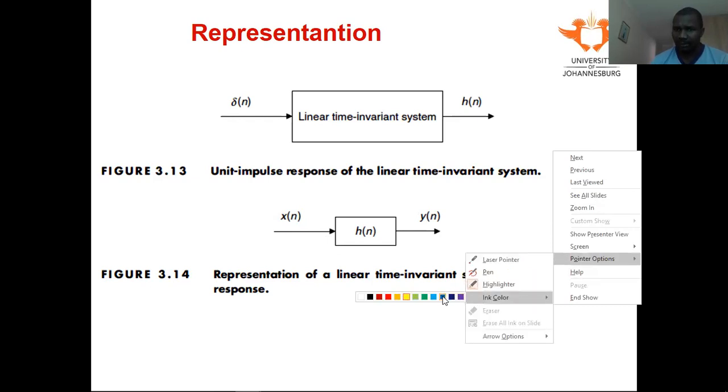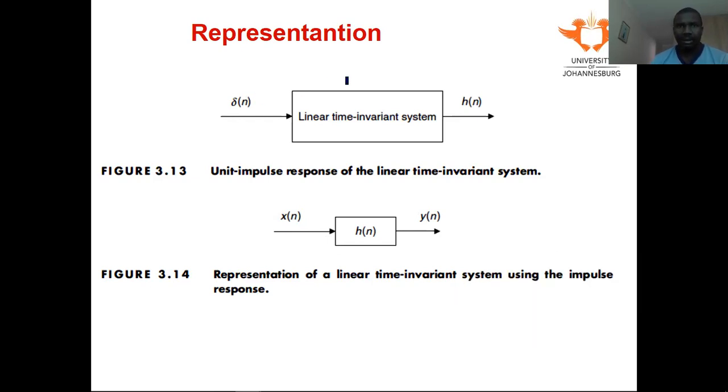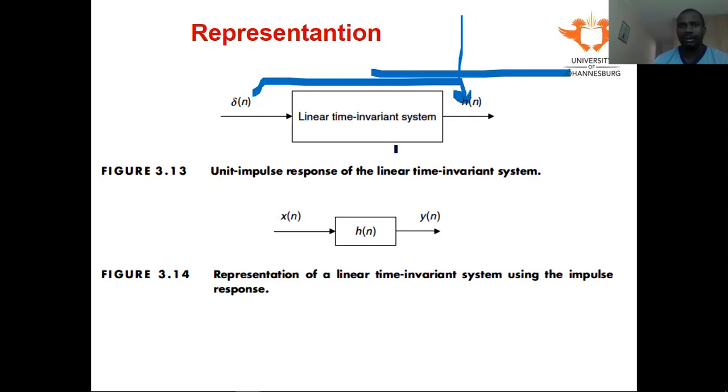A unit pulse function is like that, delta n. Now, what is the response of a linear time invariant system? If you apply that, you will get the output to be h of n.